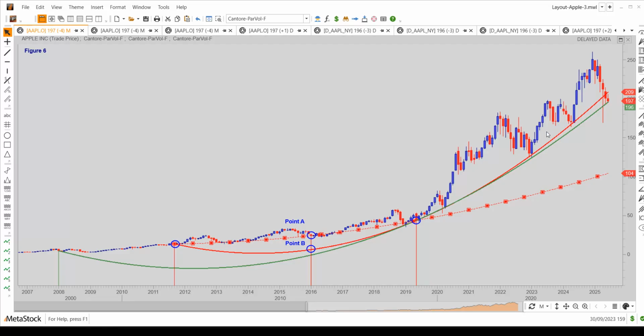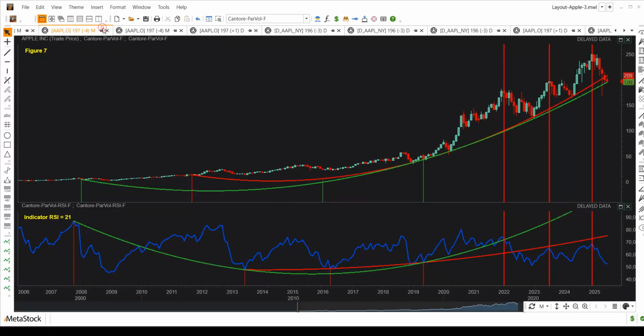Let's now see how this procedure of tracing a parabolic involute is actually replicated in the transition from its tracing from the chart of the financial market in question to the chart of one of its algorithmic indicators, and in particular of the RSI indicator. Figure 7.